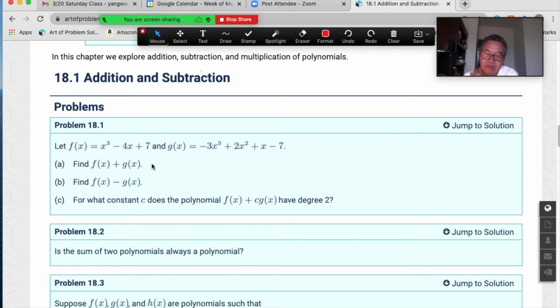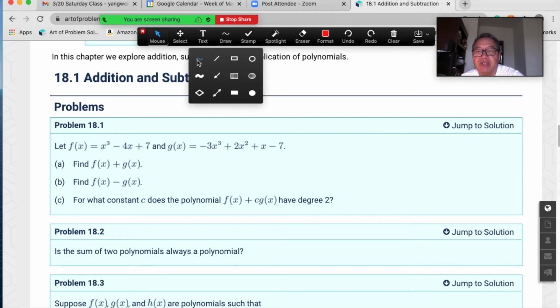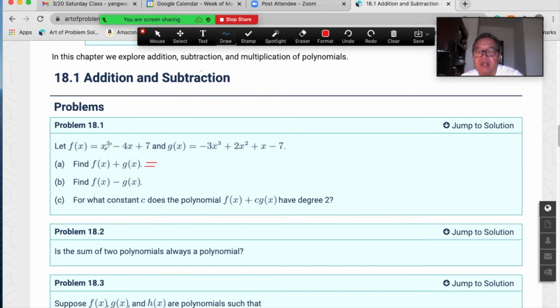Because I just added it. Can you show me how you add? You write this term, add this term, equals what? Negative x to the third. Okay, good. Then the second term, plus 2x squared. Okay. Third one, negative 4x plus x, minus 3x. Then positive 7 and negative 7 cancel out, right? So the answer is this.